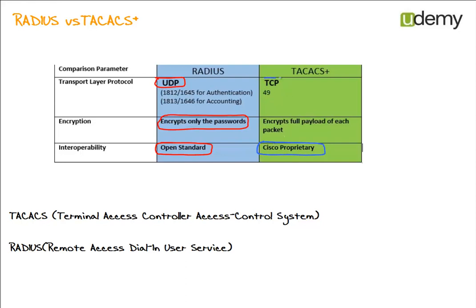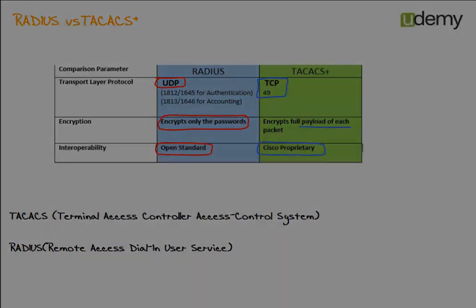TACACS+ uses TCP port number 49 and could encrypt the full payload of your data, not only the passwords. Although there are other differences between these two protocols, these are the most notable ones in my mind.